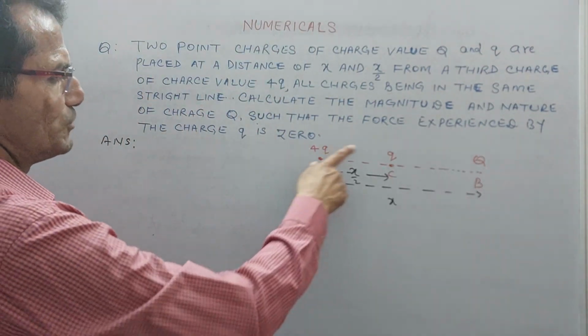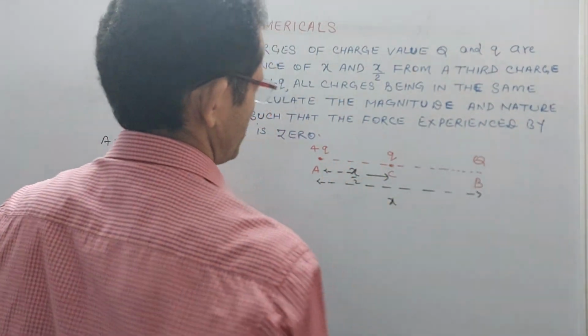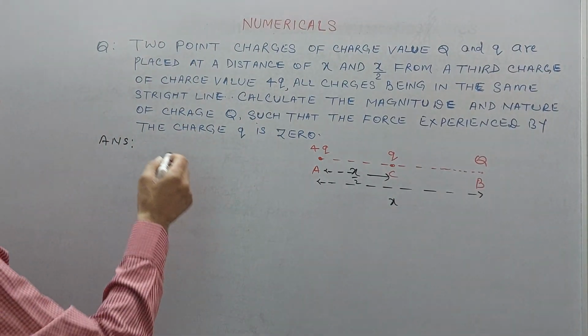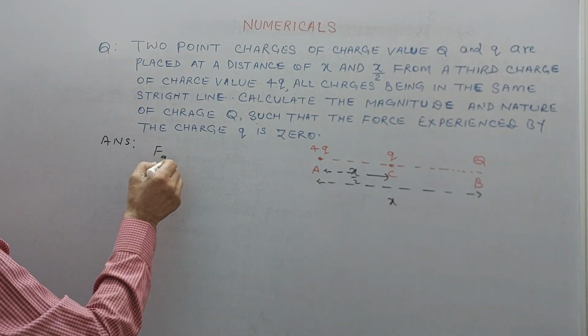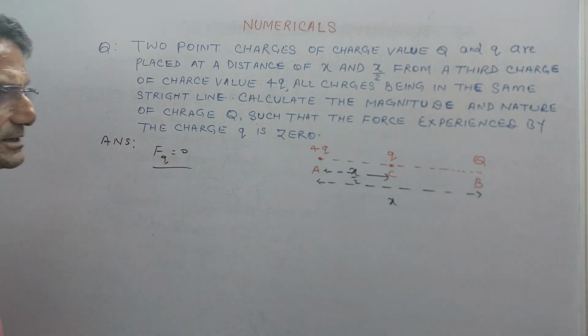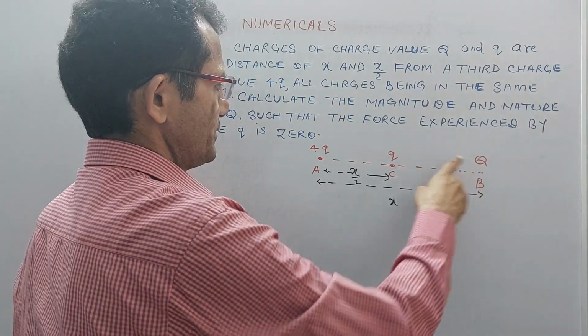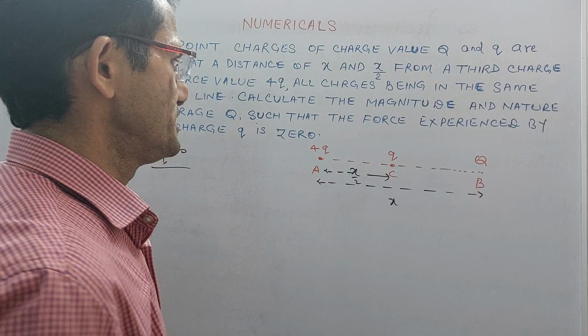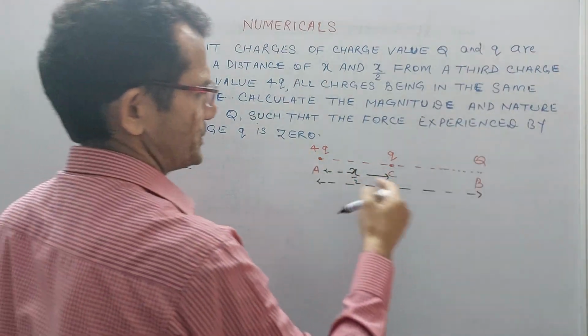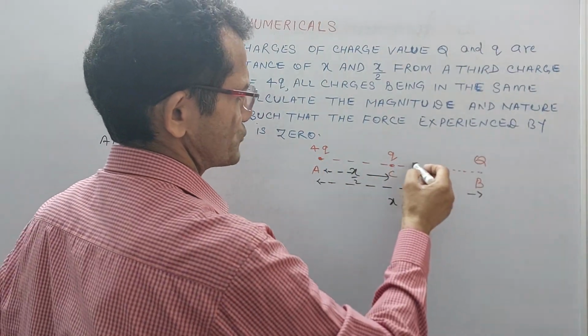Let us suppose both are positive charges. So the total force on Q should be 0. If both are positive, the force on Q by the 4Q placed at point A should be rightwards.